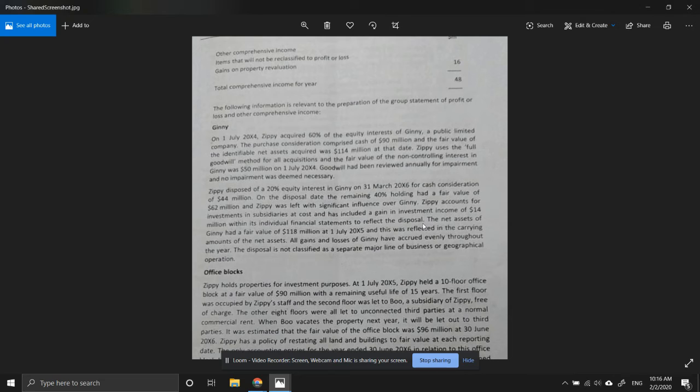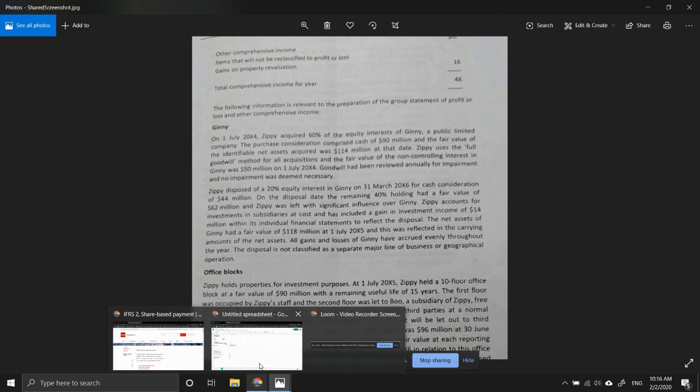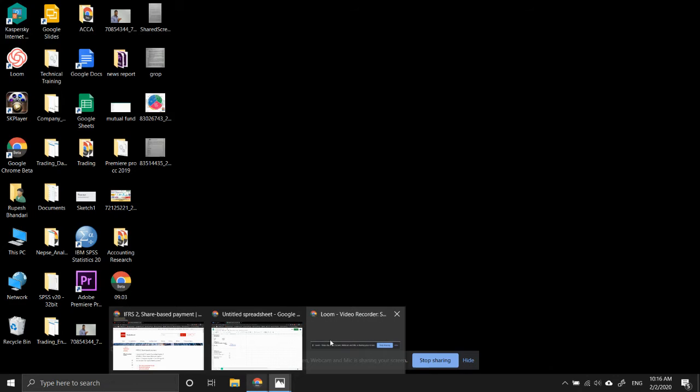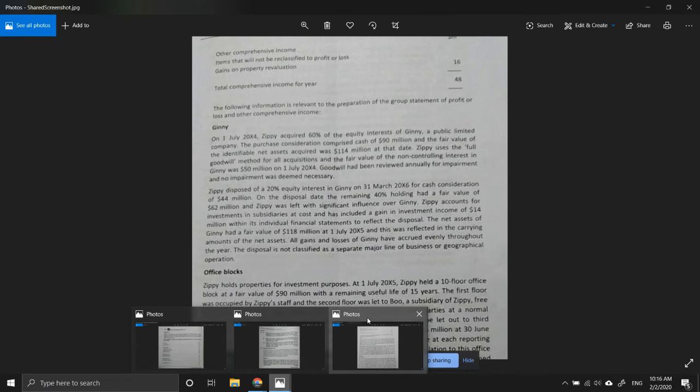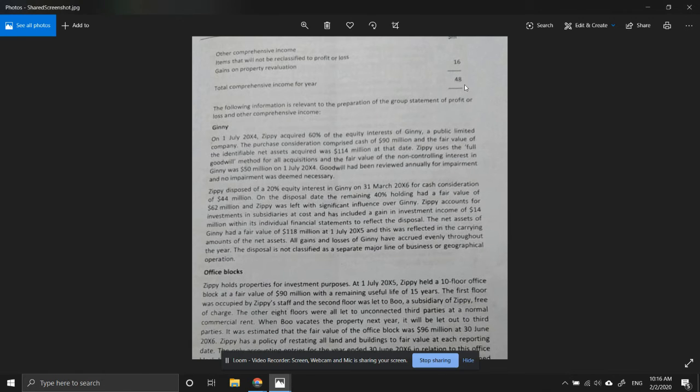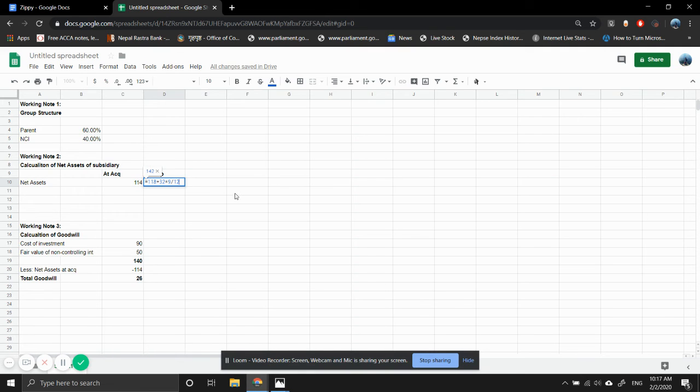So why did it do that? We will need to figure that out as well. First of all, 16 into 9 by 12. 16 is for the whole year, so we need 16 into 9 divided by 12, right? That's our figure at disposal, the profit, right?